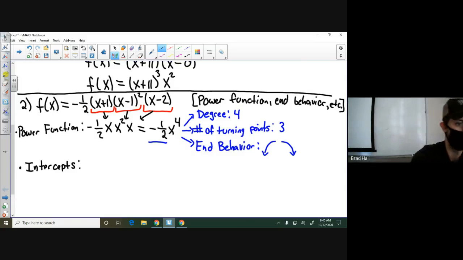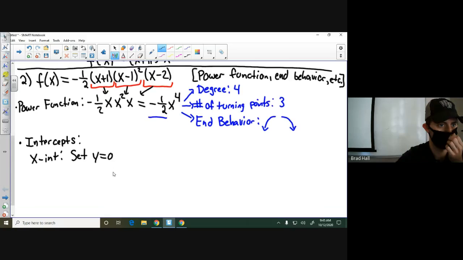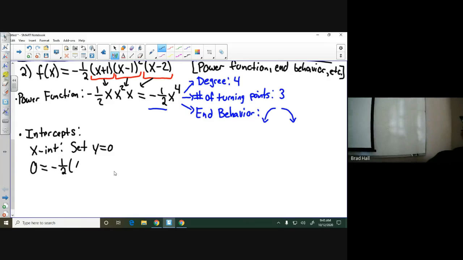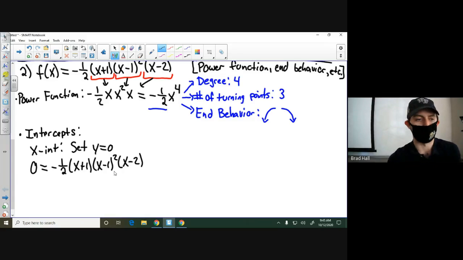Remember, there's 2 intercepts. We'll start off with the x-intercept. Remember, that means set y equal to 0. So whenever we set the function equal to 0, set the whole function equal to 0. And the good thing about this problem, what makes this really easy to find, is that since the function is in a factored form, that means finding the zeros simply means finding the 0 from each factor.